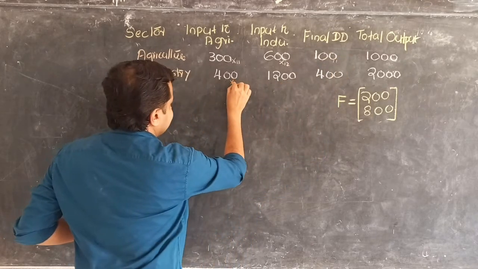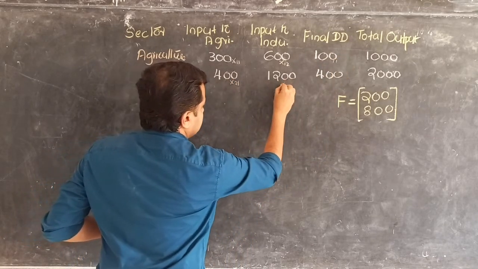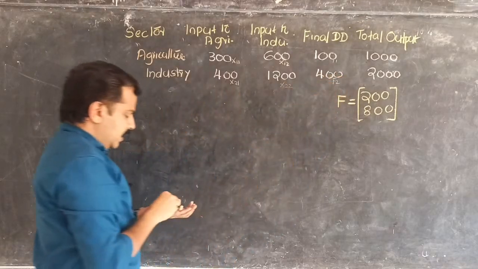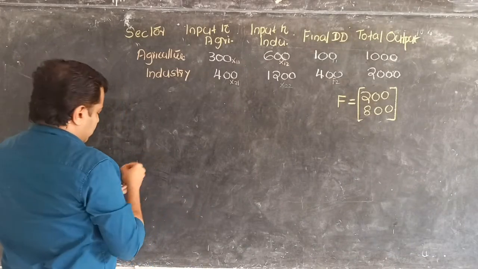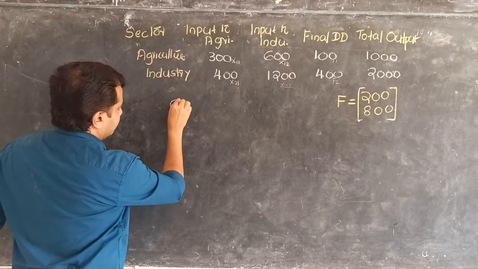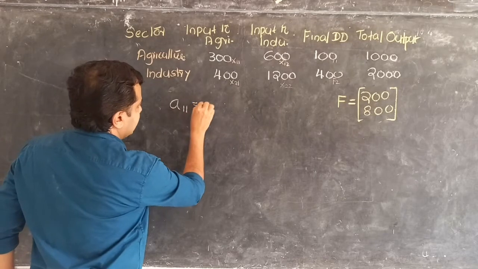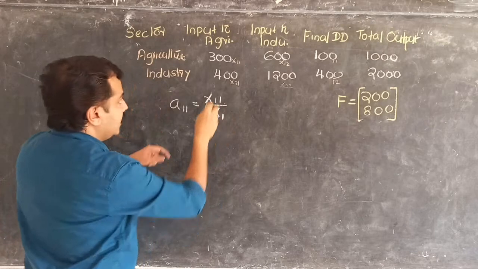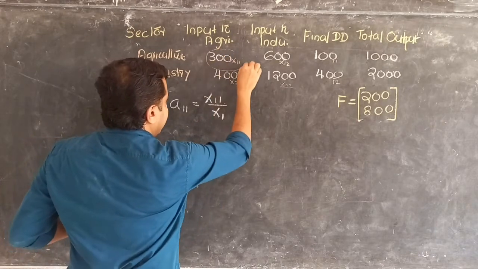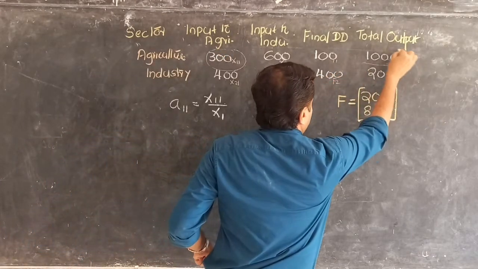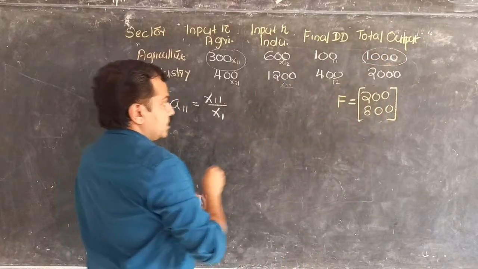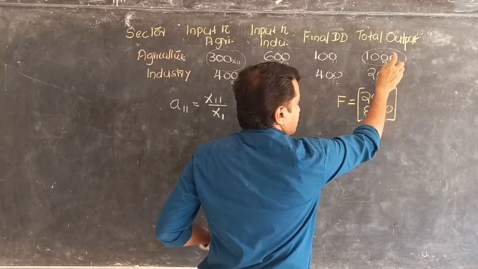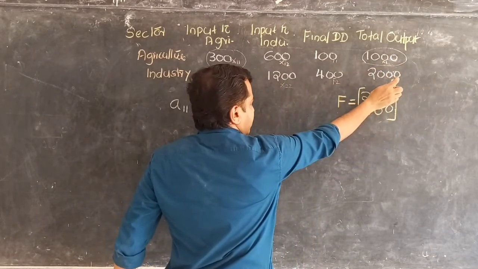This is x21, this is x22, and this is f2. This is our x1 and this is our x2, the gross output of the first sector and the gross output of the second sector.